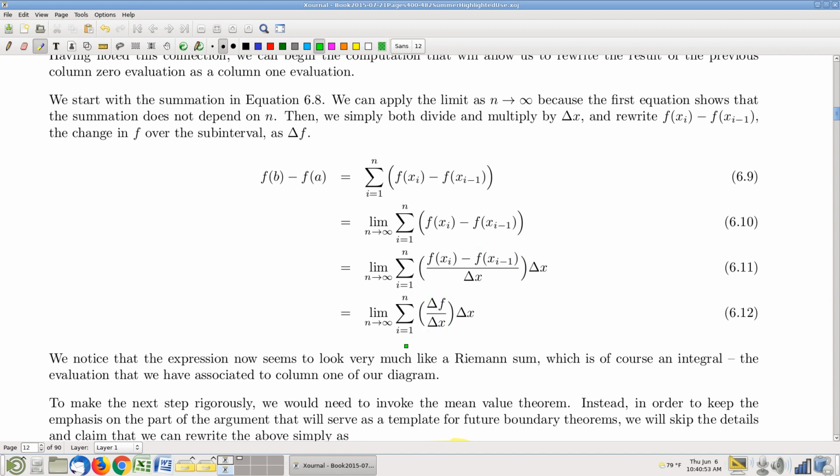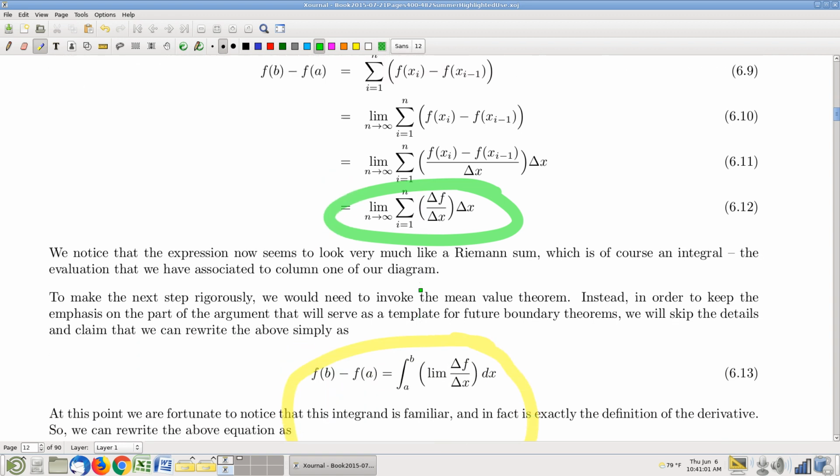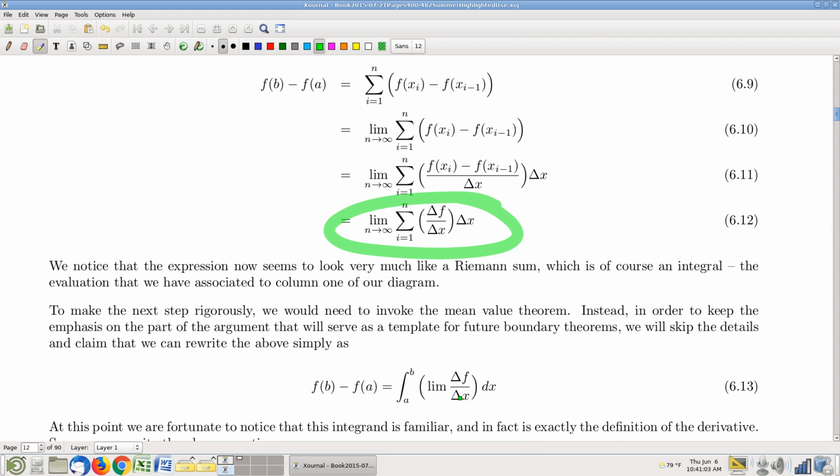And now this is looking an awful lot like a Riemann sum. Namely, it looks an awful lot like an integral. So I am going to have to sweep a little bit of difficulty under the rug. This is something that, as engineers, you don't need to worry about.